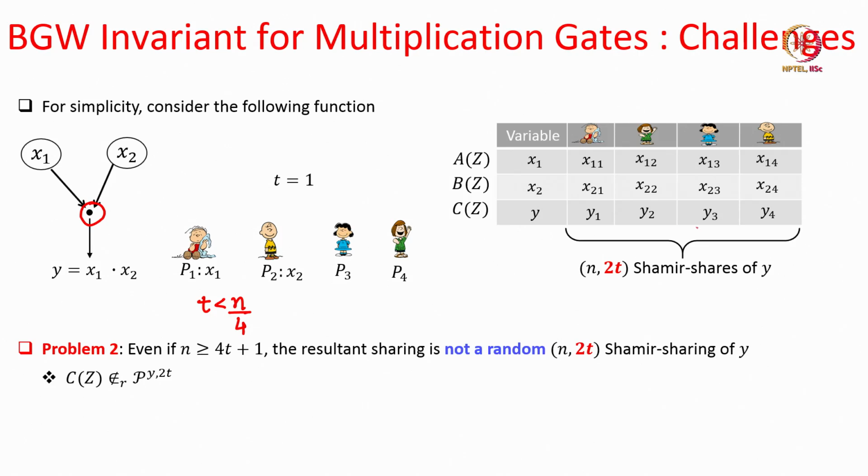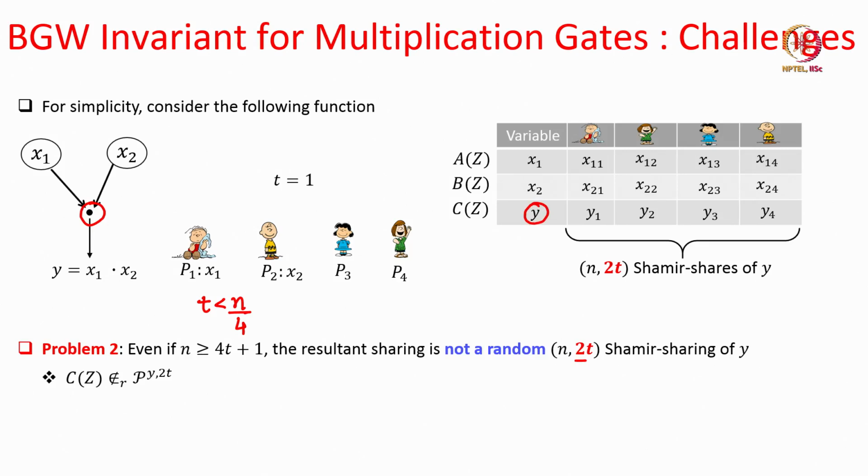There should not be any error in the correctness property, because we are assuming that t is less than n over 4. So, even if up to t incorrect shares are provided for the value y, we have sufficient redundancy. The Reed-Solomon error correction algorithm has sufficient redundancy to error correct those t errors and correctly recover the 2t degree polynomial through which the value y is secret shared.